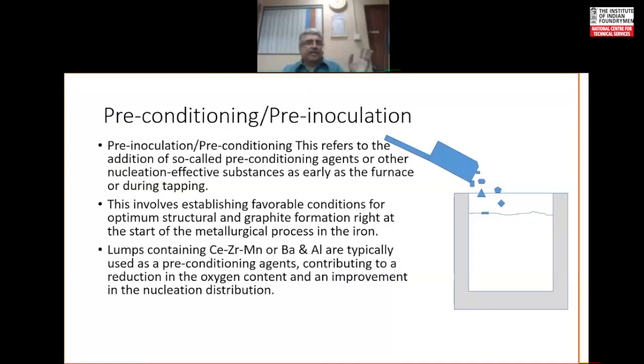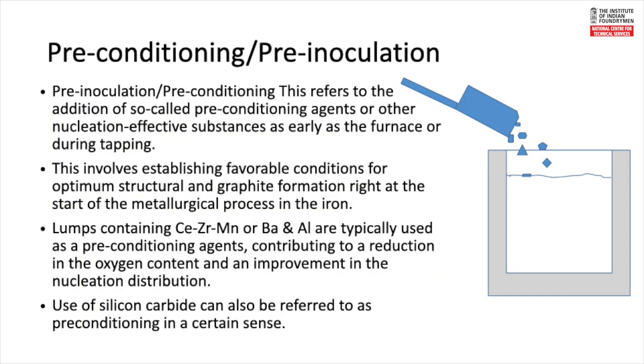So lumps containing a variety of these elements, cerium or zirconium or manganese, barium or aluminum, they are used as preconditioning agents. They contribute to reduction of oxygen content because they get oxidized and form these nuclei in the bath, and they improve the distribution of the nuclei.